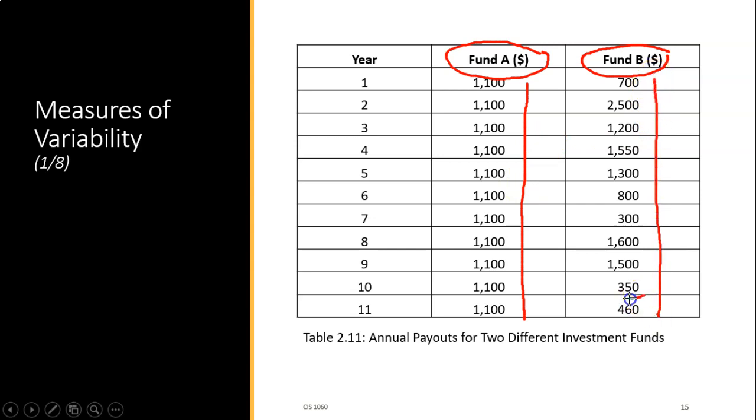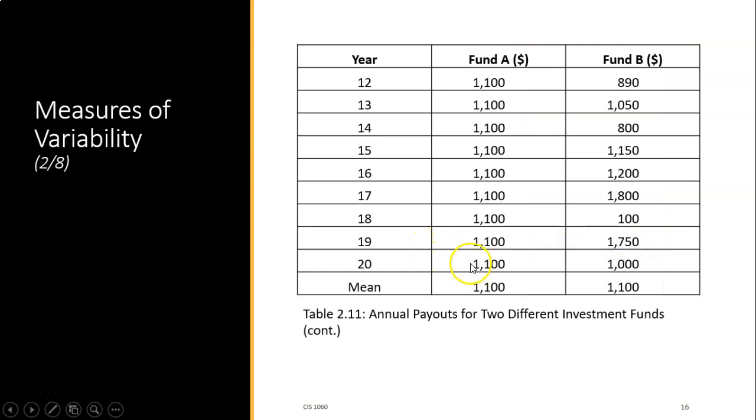Some years are really small, like 350 or 300. Some are really huge, like 1,600. So there's some variation. Now, here is the rest of it. So there's 20 years.